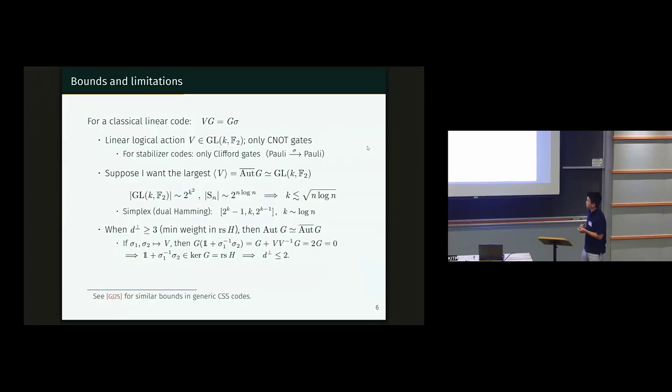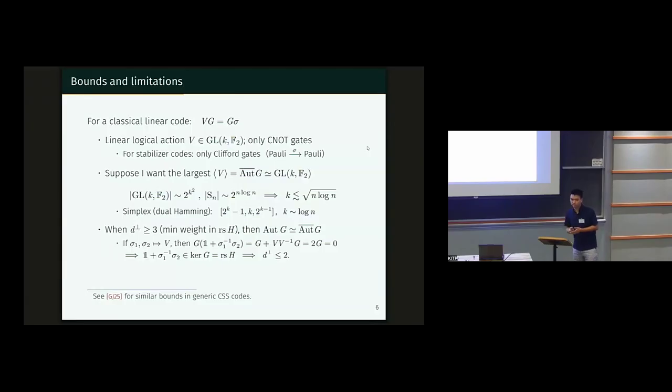We know an actual family for which this is true. You can do the full logical automorphism group, but here the dimension only scales as log n, which suggests there's more structure than this simple dimension counting bound gives in this case.